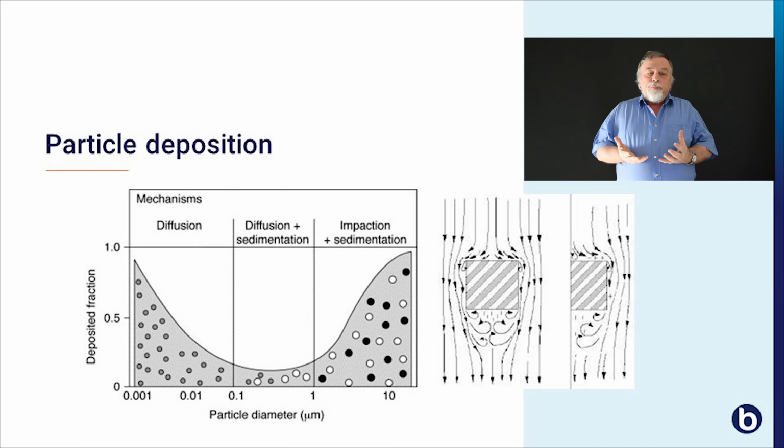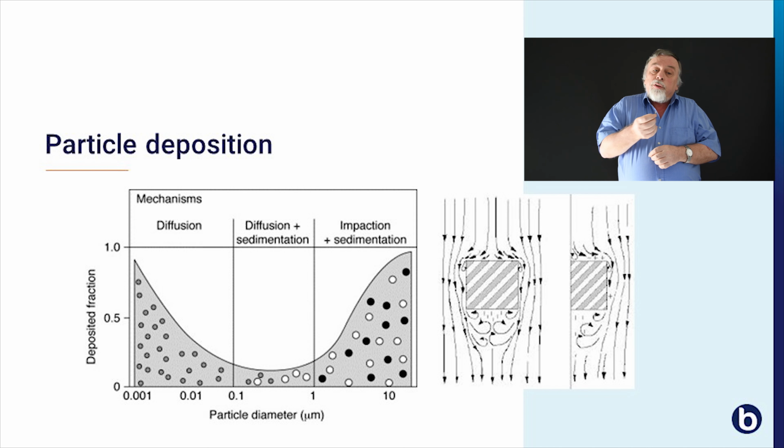Particle deposition. On the left, you see a diagram showing the relation between particle size and deposition of particles. When we look at particles larger than 1 micrometer, you can see the particles which deposit by gravitation or by impaction.